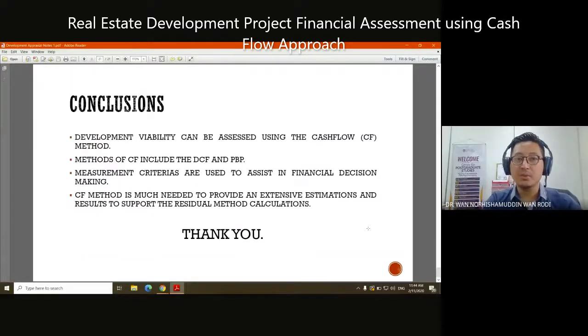Okay, as a conclusion, what can we say about development appraisal? Development appraisal is basically a very significant exercise that needs to be conducted before we decide on any type of development project or proceed with a development project. Why? Because we need to identify the financial capability of a certain project even before the project starts, to avoid any risk or to avoid an unsold development project.